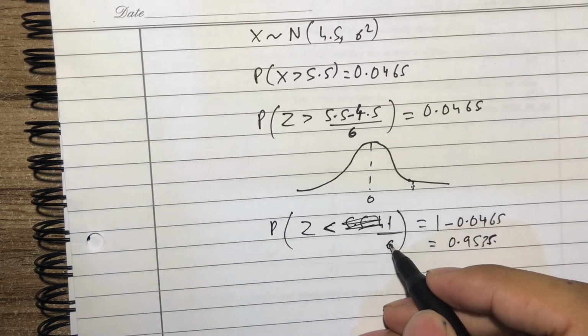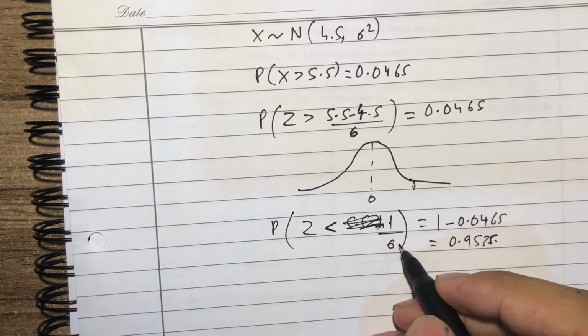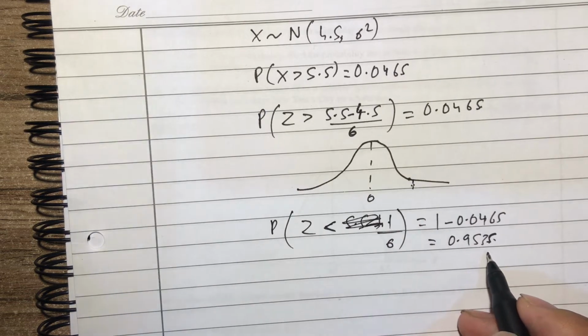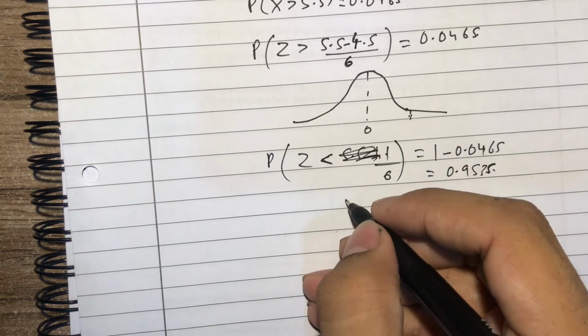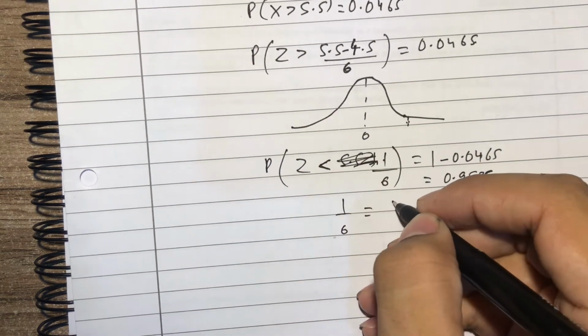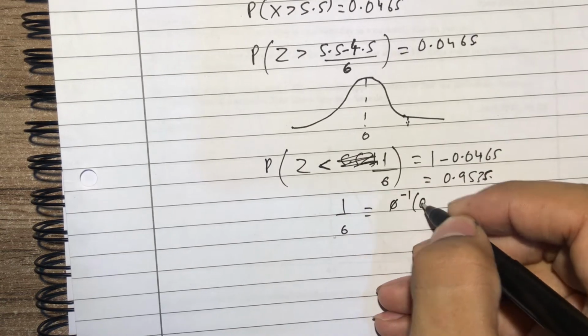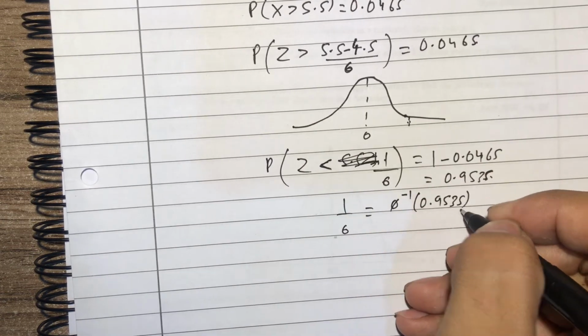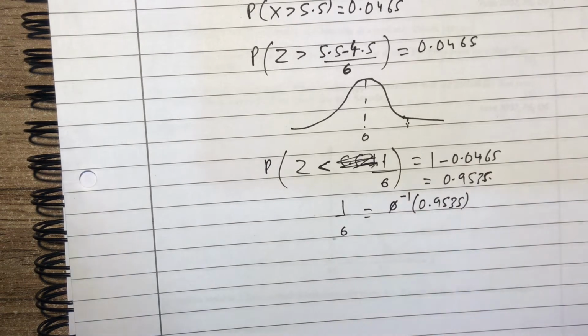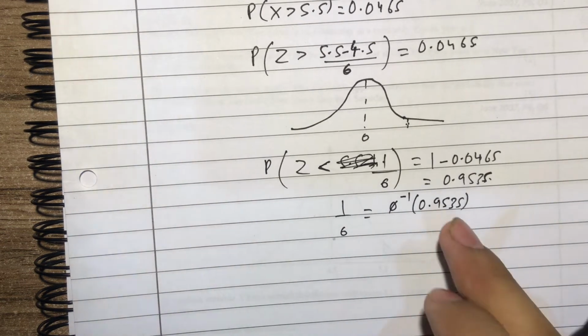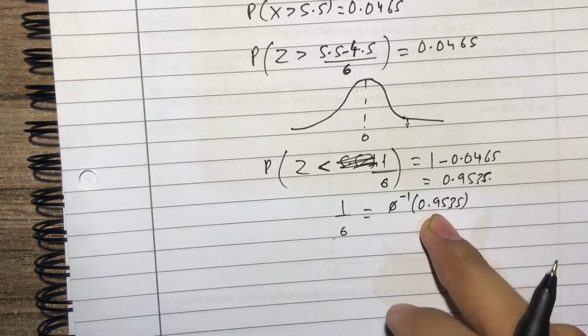So at this value, I'll get 0.9535 as the probability. So what I know is that 1 over deviation equals phi inverse of 0.9535. So I'm finding the value at which the probability was 0.9535.